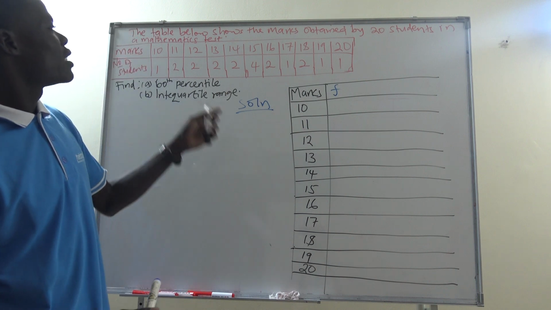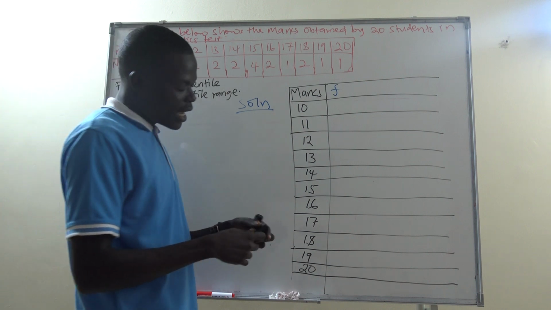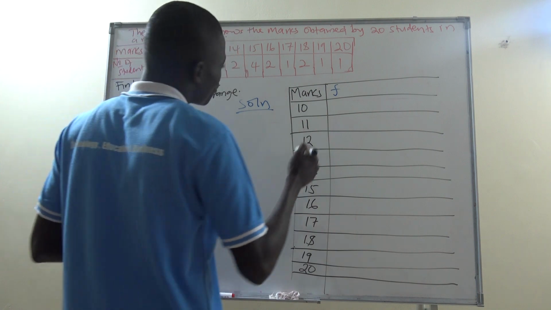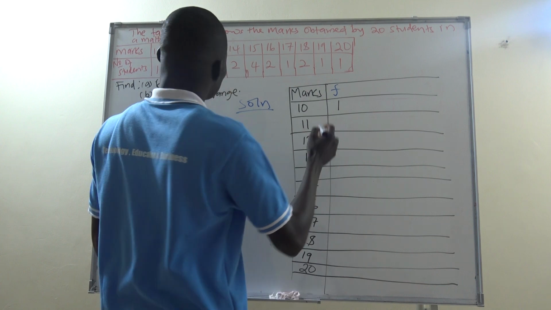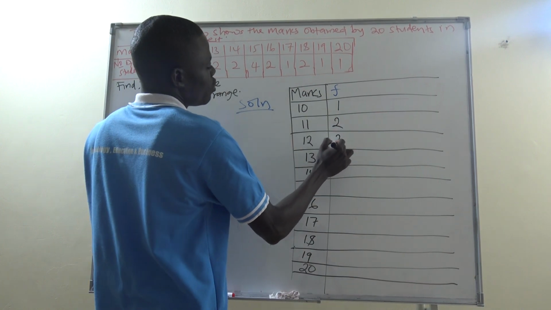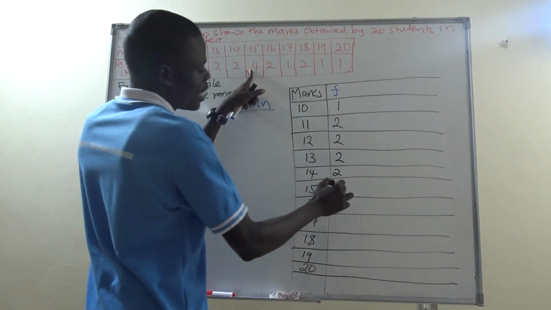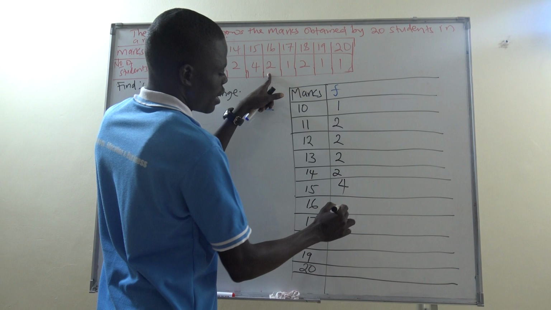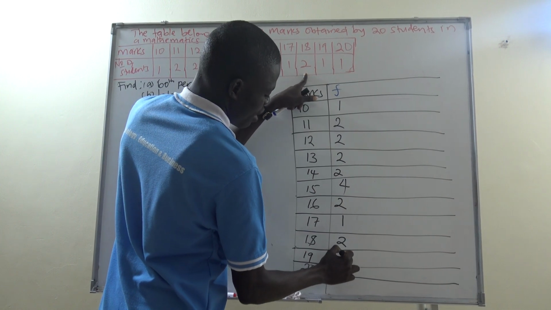So our frequency is 1 for those with 10, then 2 for those with 11, again 2, 2, 2 up to those with 14. Then we have 4, 2, 1, 2, 1 and 1.